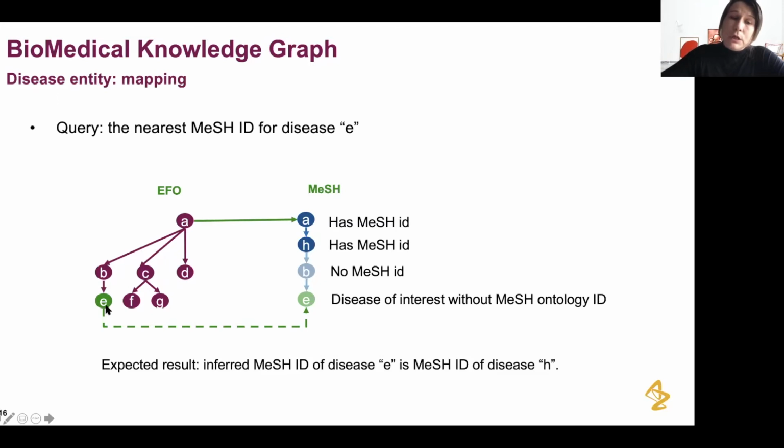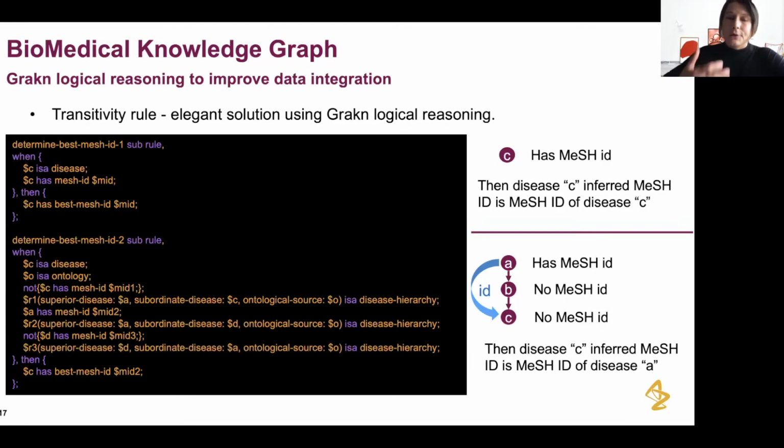But in the case of E, the disease of interest doesn't have a MeSH ontology ID, so this disease is not present in the MeSH ontology. What can I do? Well, the logical thing to do is to go up until you meet the disease that has a MeSH ID, and you are saying, well, the inferred MeSH ID of disease E is the MeSH ID of disease H. That's what we would like to get back, using one more transitivity rule for this particular case of MeSH ID.